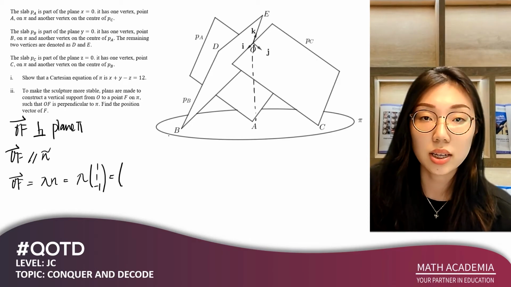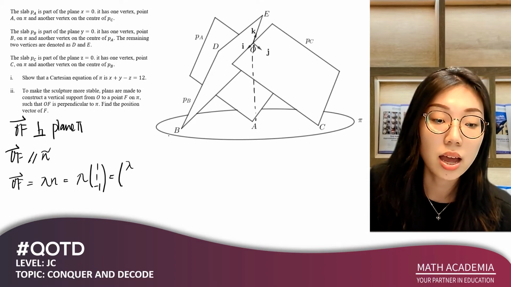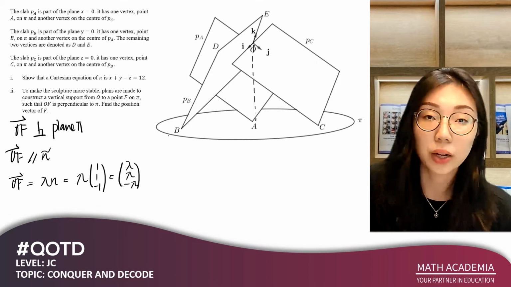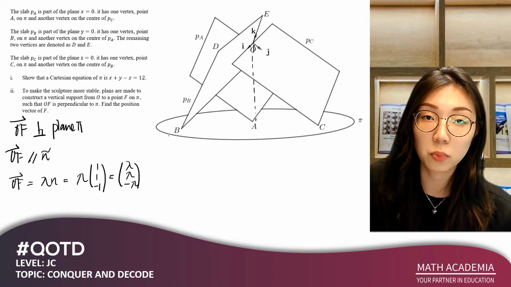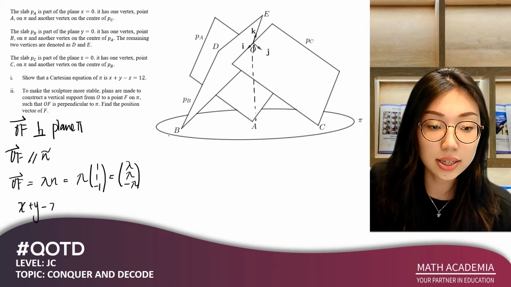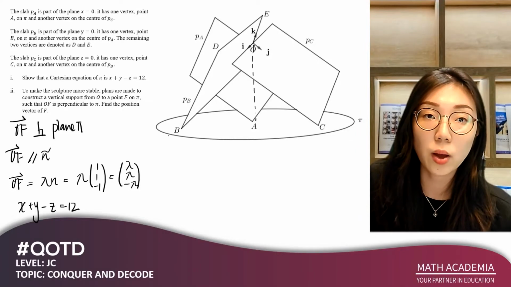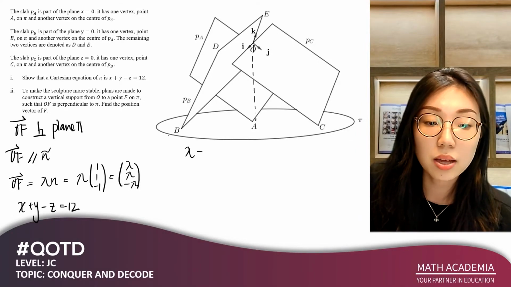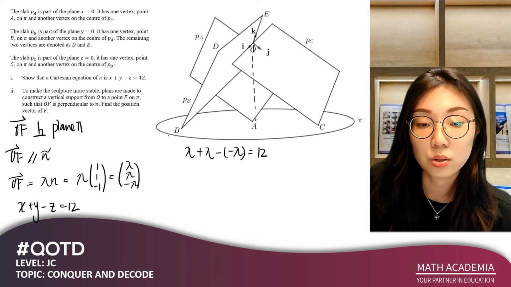If I bring my lambda in, I would have my position vector OF represented by lambda, lambda, negative lambda. As F lies on plane pi, my position vector OF also satisfies the equation of plane pi, which is x plus y minus z equals 12. So if I bring the coordinates of OF into my equation of plane pi, I would have lambda plus lambda minus negative lambda equals 12.